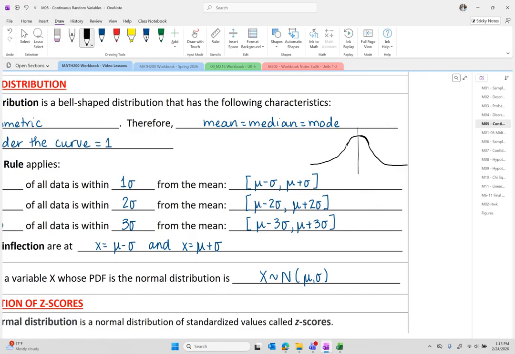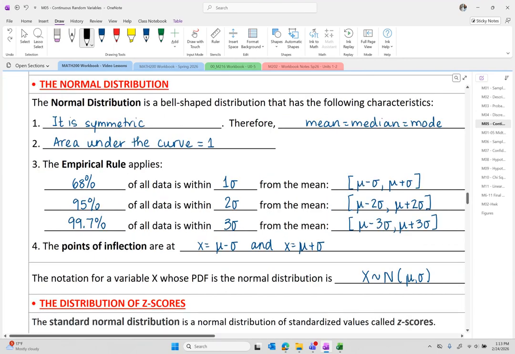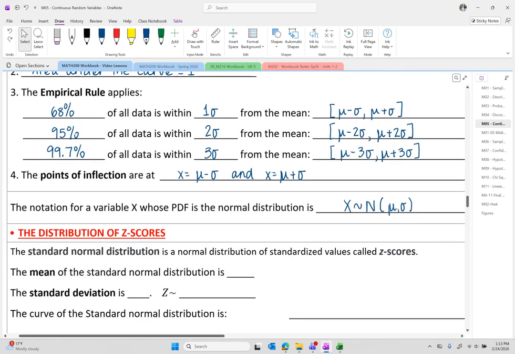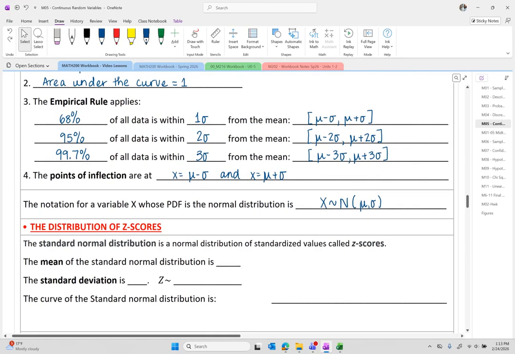So the points of inflection are where it stops curving down and starts curving up. And the notation for a variable to follow a normal distribution is x tilde N(mu, sigma). It's read as the variable x follows a normal distribution with mean mu and standard deviation sigma.